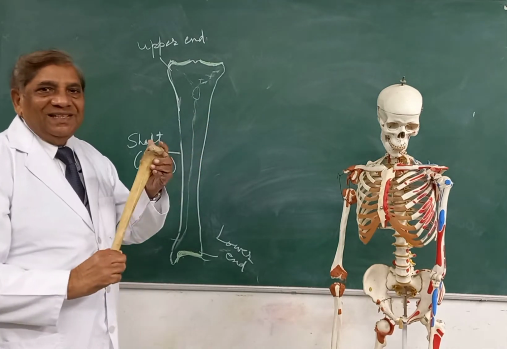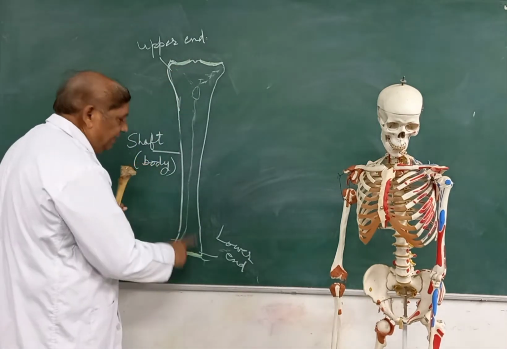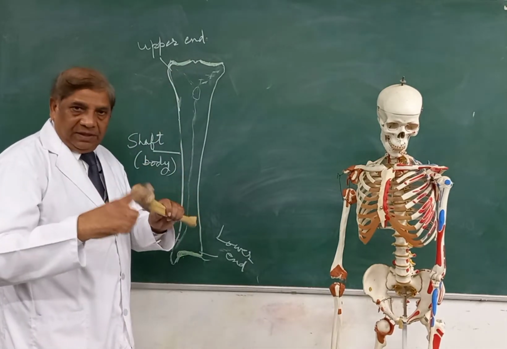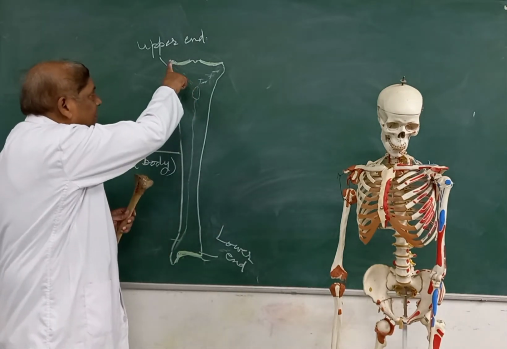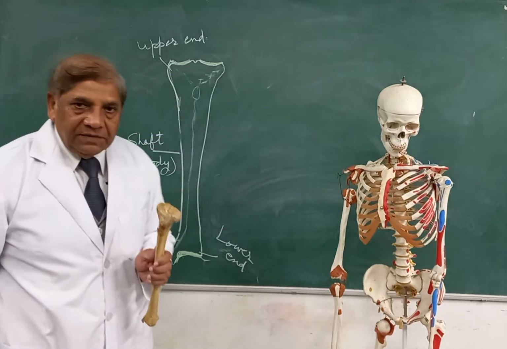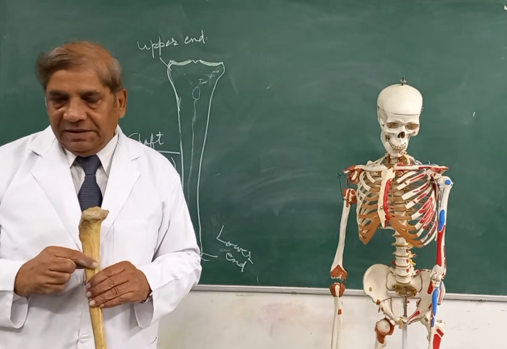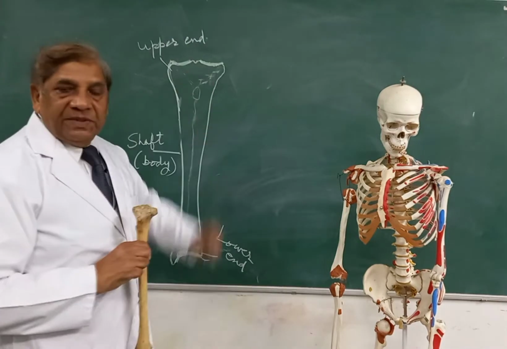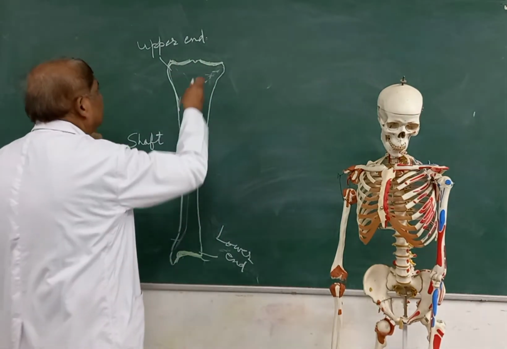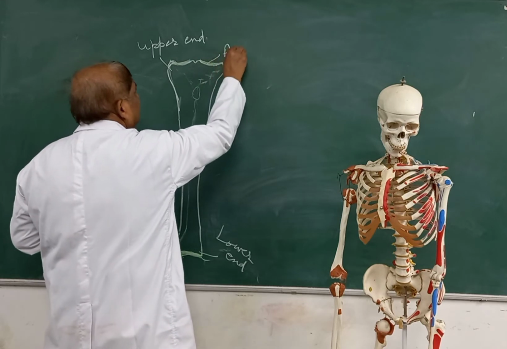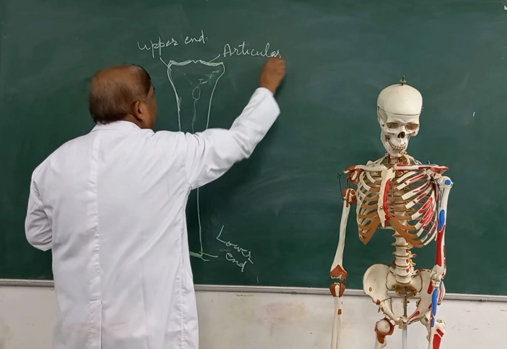Now if you see the upper end of the bones, in a living condition, not here in the dry bone, the ends are covered by a layer of cartilage, which is classified as hyaline cartilage, and since it is present in the joint, it is called the articular cartilage. Articulation is joint, articular cartilage.